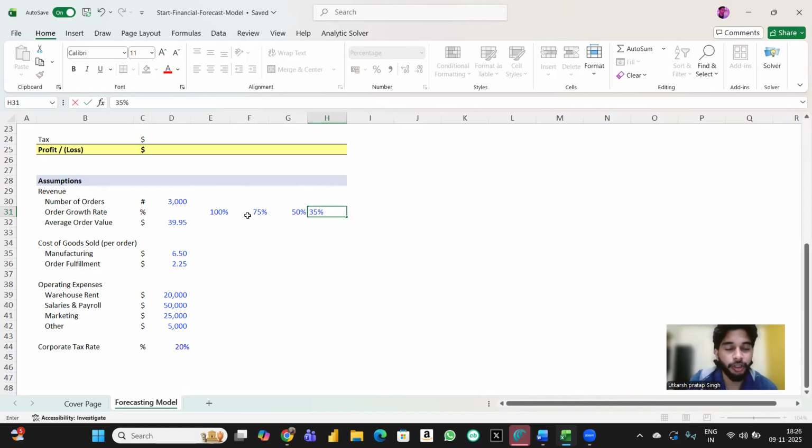If you want to calculate the number of orders, the formula would be the previous year, open bracket, 1 plus the order growth rate, close the bracket, and enter.